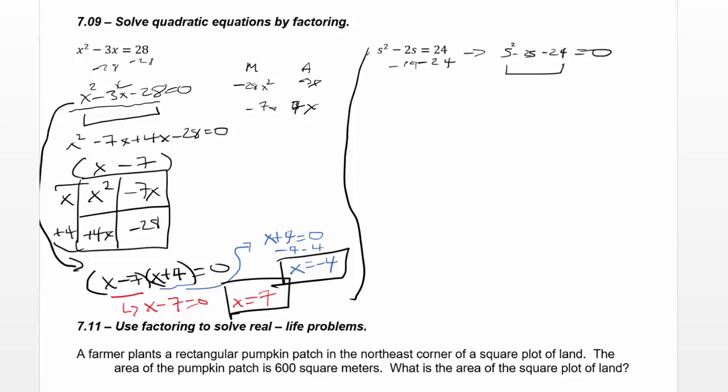Let's see, our multiply number is negative 24s squared. Our add is minus 2s. So what two numbers multiply to negative 24 but add to minus 2? Numbers that multiply to negative 24 are 24 and 1.